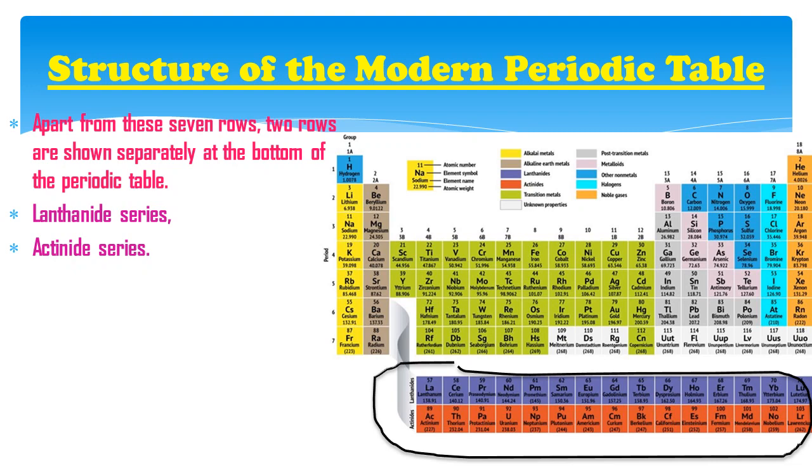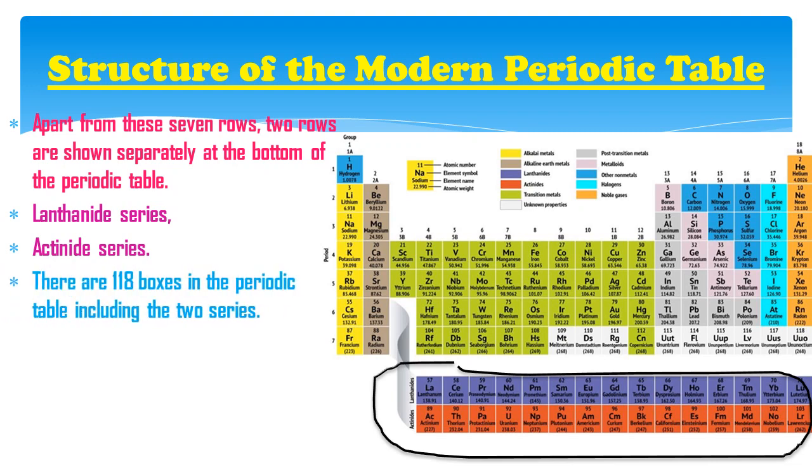These are the separated series of the periodic table, that is the lanthanide series and the actinide series. There are 118 boxes in the periodic table, including the 2 series.